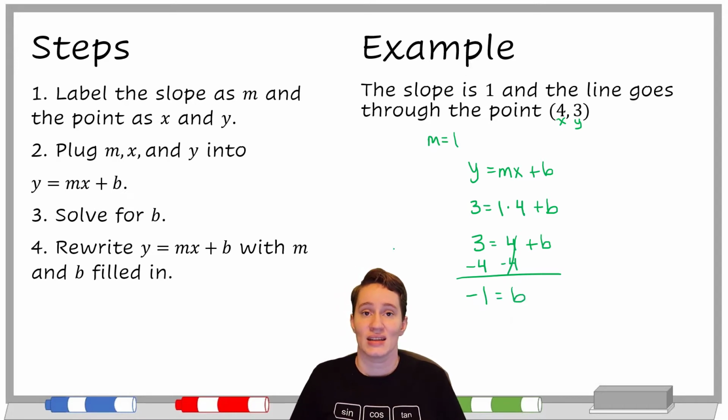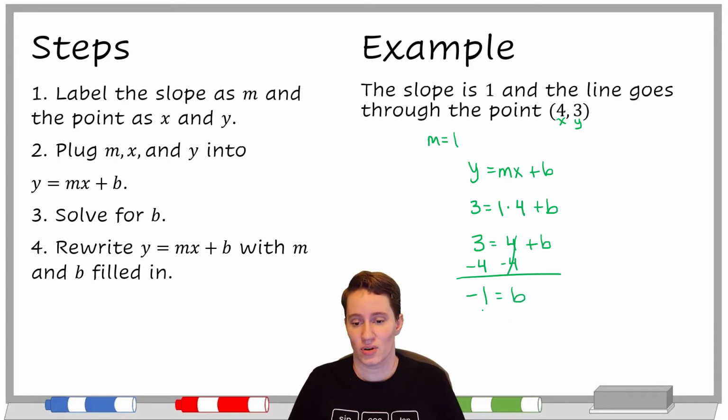So that means I can now write this in slope-intercept form with m as 1 and b as negative 1. So our answer is going to still be this y equals mx plus b with m and b filled in. Even though earlier we did put something in for x and y, we're not going to do that for our answer. So this is y equals 1x minus 1, or just x minus 1.